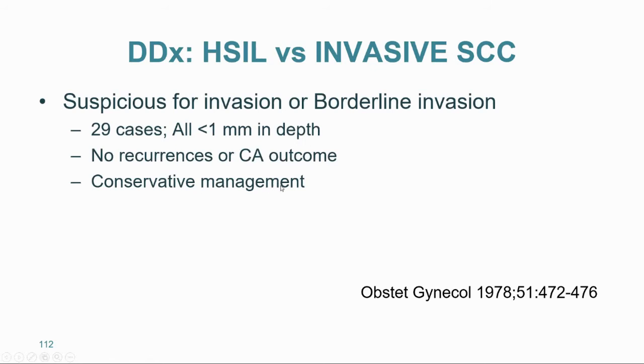In other words, keep a high threshold for calling something stromal invasion. Even if you find areas that are suspicious, if you're not convinced, don't call it flat out invasion, because those lesions are more likely to behave like an HSIL and are not going to have a carcinoma outcome if they're excised entirely.